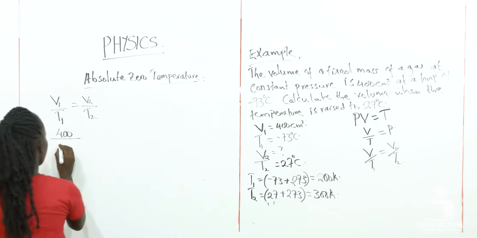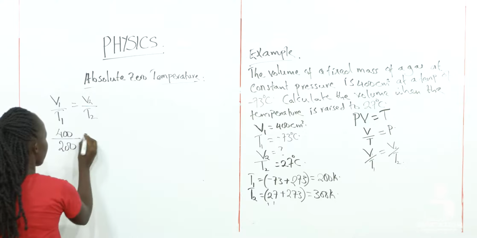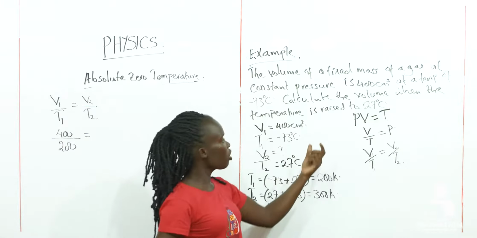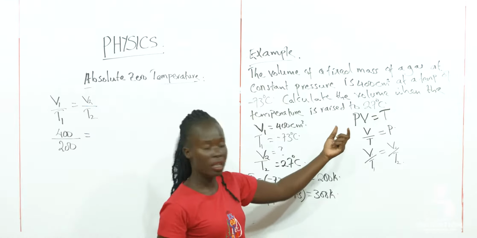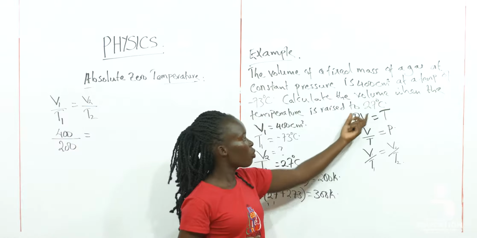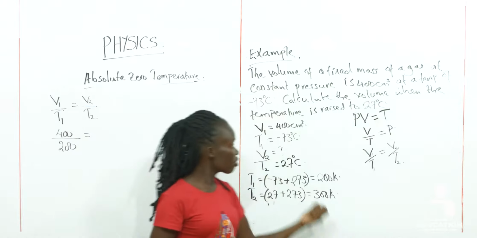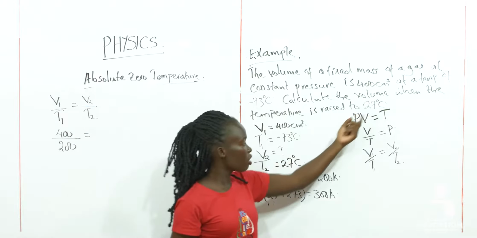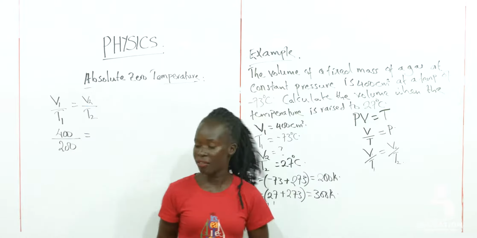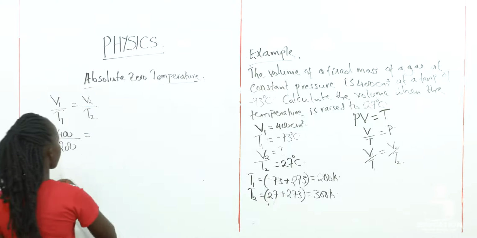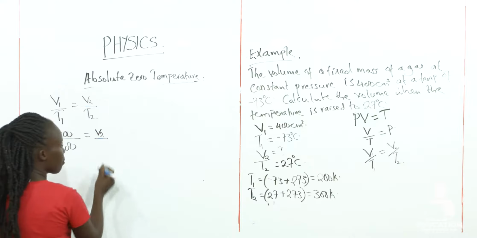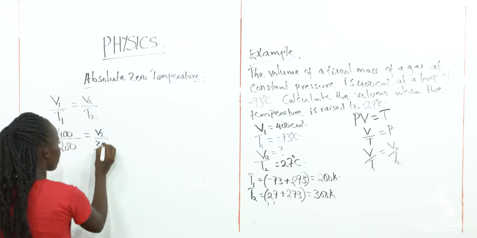So we shall have 200 equaling to the volume now. Again, the volume the gas attained after the temperature rise is what we want to find. So what was the temperature rise? It was 27 degrees Celsius, but on the Kelvin scale, it is 300 Kelvin. So we shall have it here as the volume we want to find over 300.